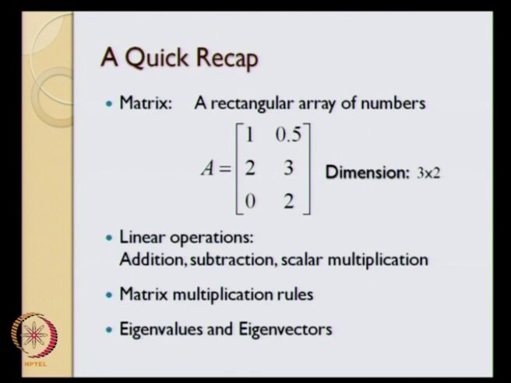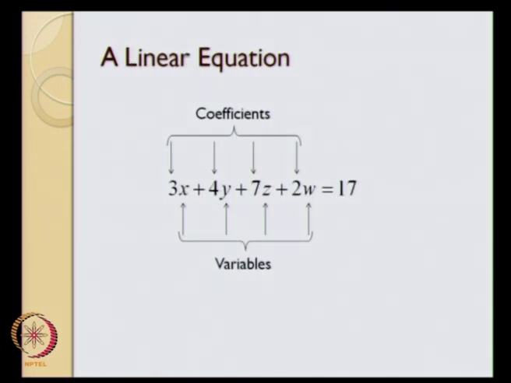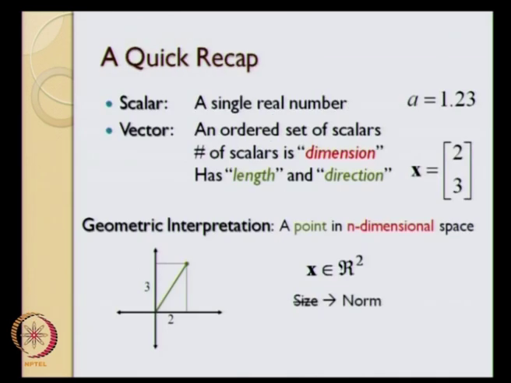Okay. So, this really is a quick recap, and what we mean by a linear equation is an equation of this type. For example, 3x plus 4y plus 7z plus 2w equal to 17. So, x, y, z and w are the various variables. Since I have used a notation of this form, this notation will represent a scalar and a bold-faced notation will represent a vector.